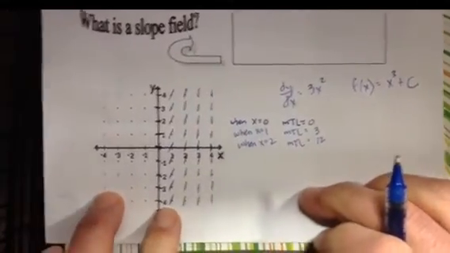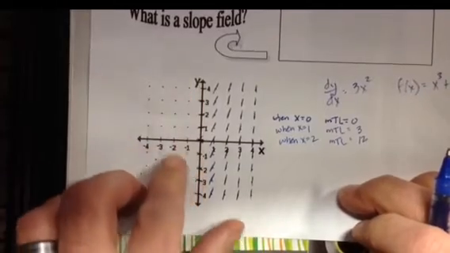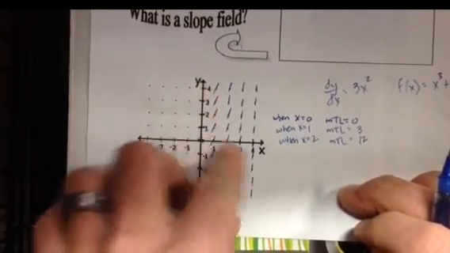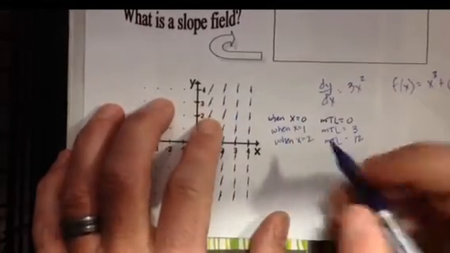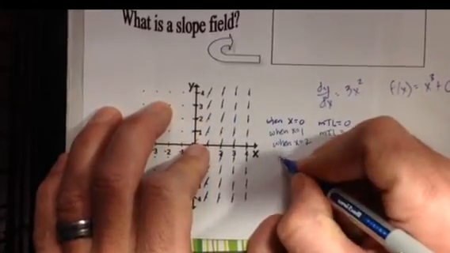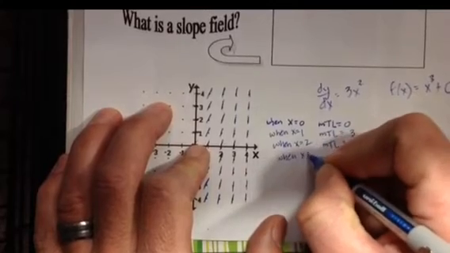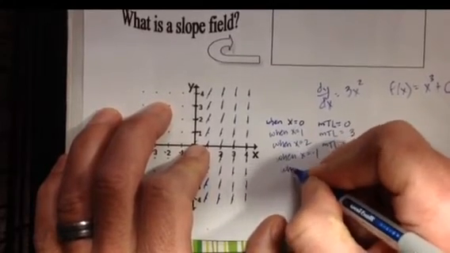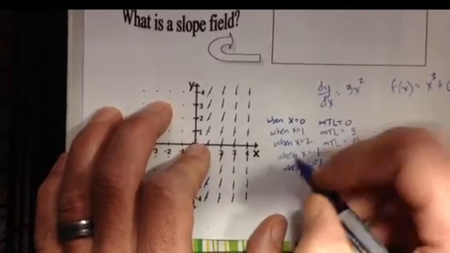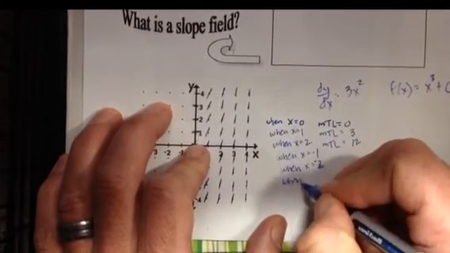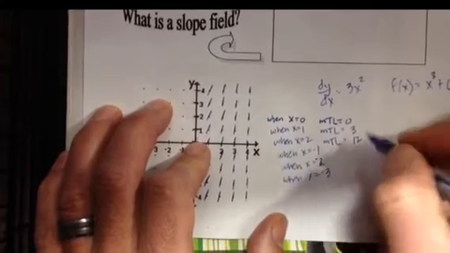So I'm going to go over to the other side of the y-axis, and I'm going to be looking at these x values, because again my derivative is contingent on what the x coordinate is. So I'm going to look at when x is equal to -1, when x is equal to -2, when x is equal to -3.